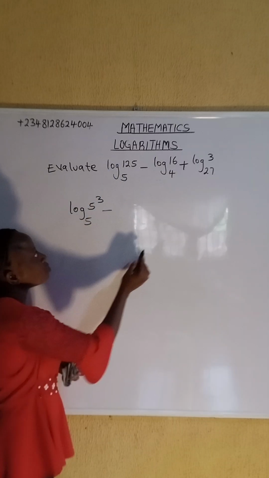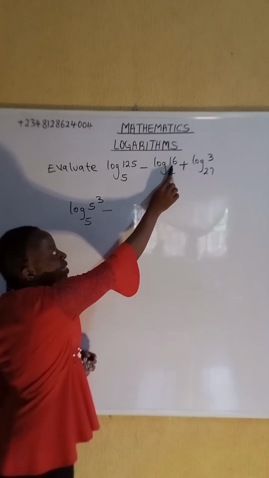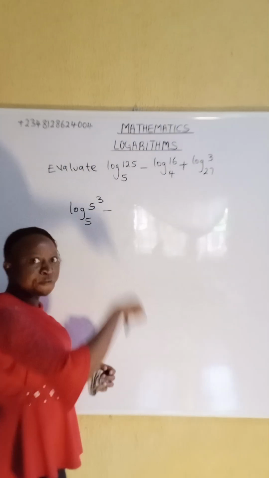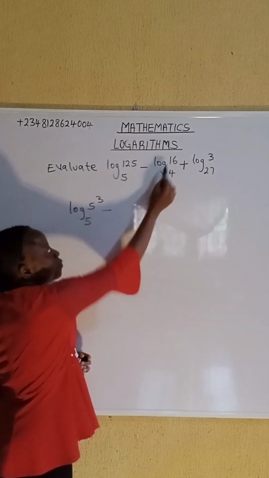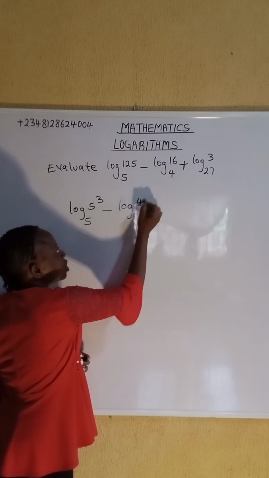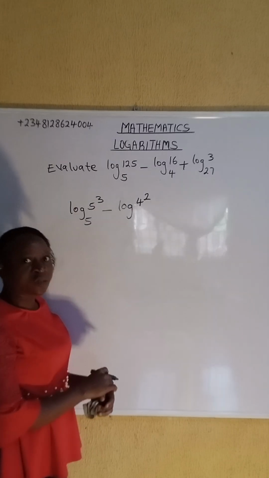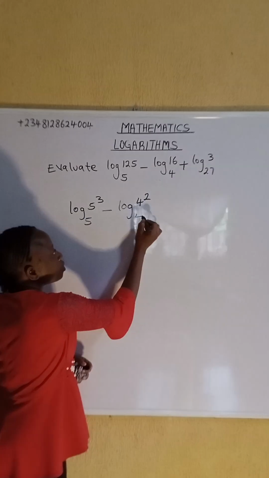Then minus, the lowest number here is 4. You are going to simplify this number to base 4. Now, 16 is the same thing as 4 raised to power 2. 4 raised to power 2 equal to 16. So base 4.